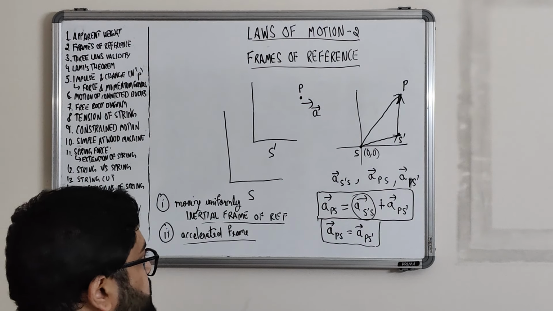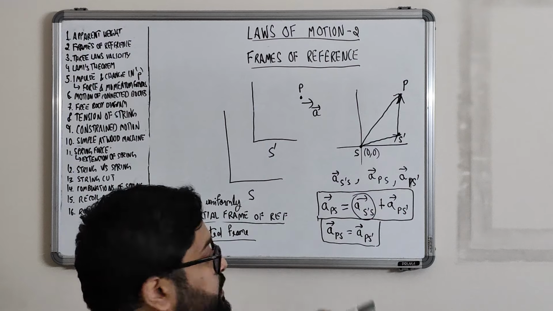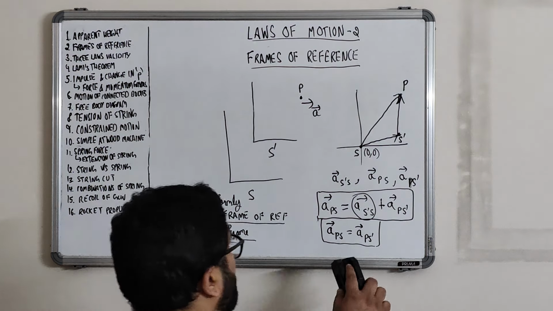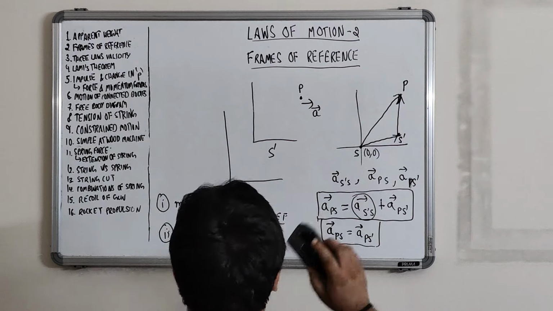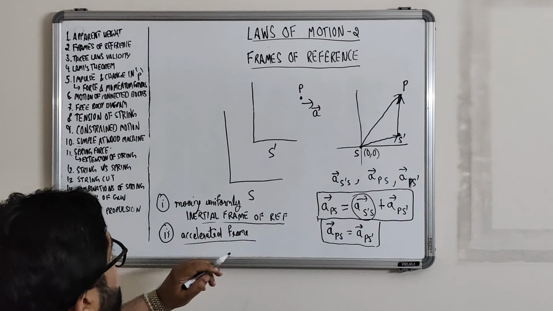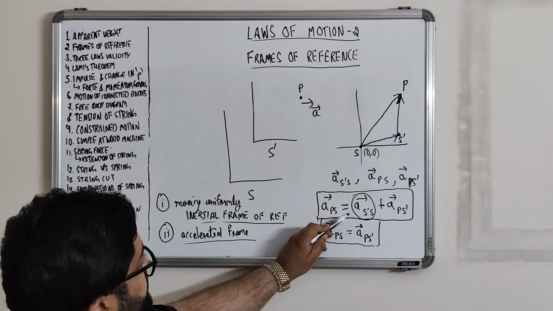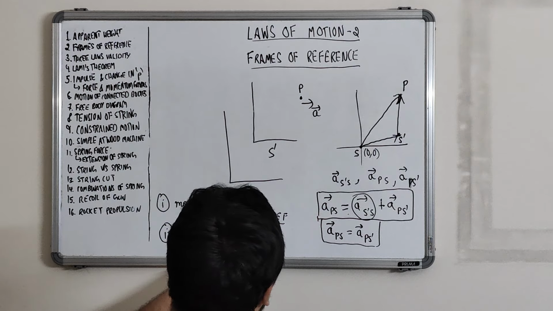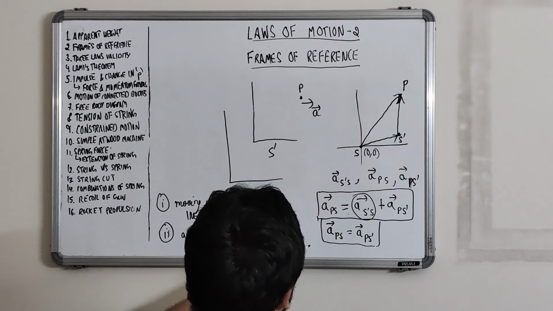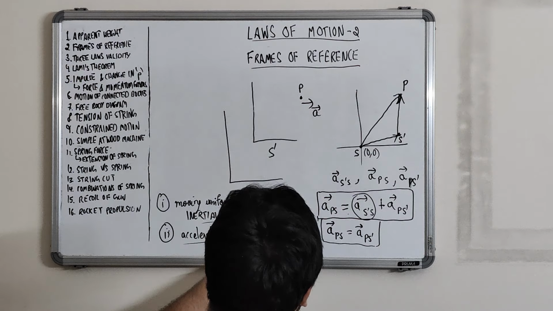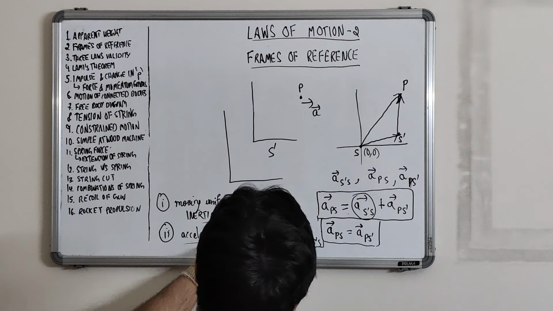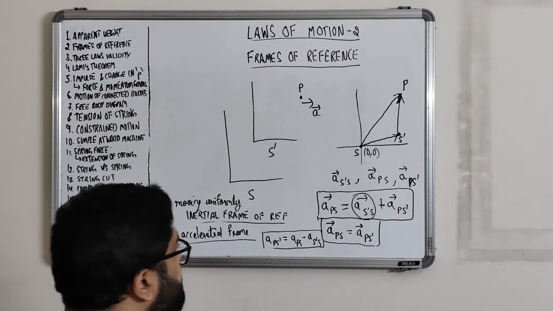So this will have some value, a S dash S. In that case you will have to consider this value, and a PS dash will be equal to a PS minus a S dash S.